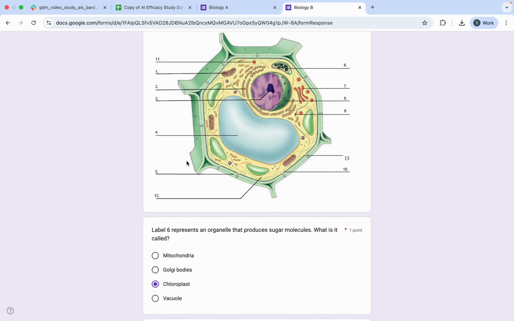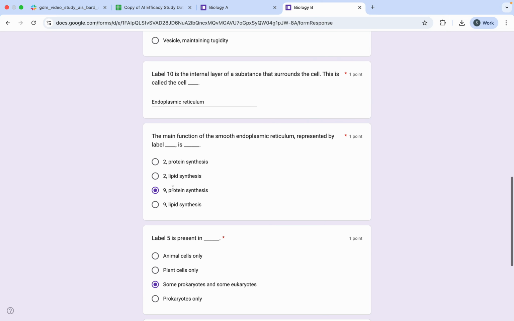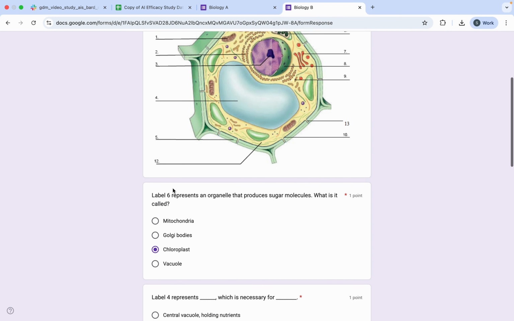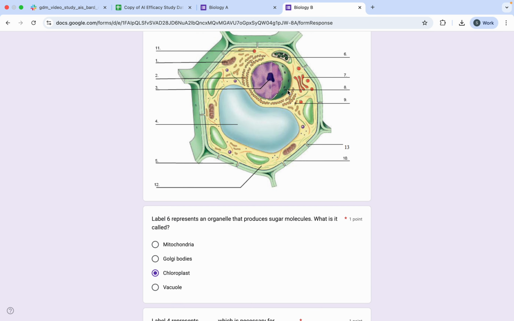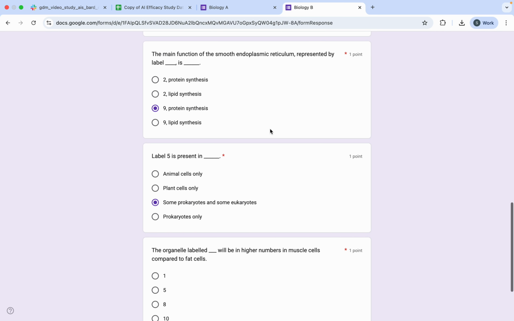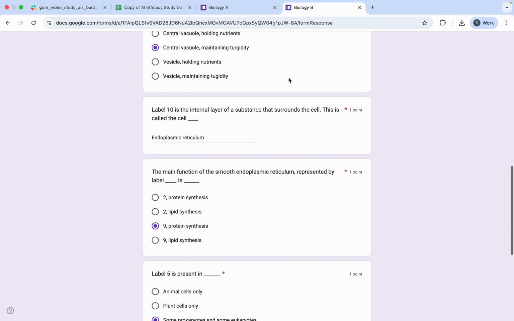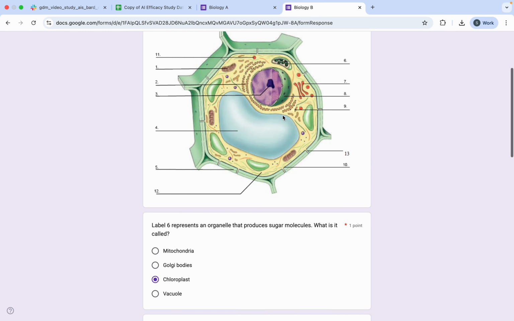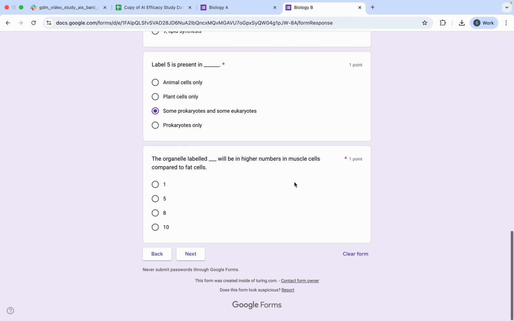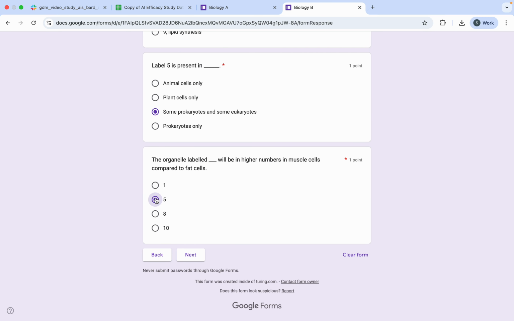Then it is 8. 8 is this, I think it is a nuclear envelope. And 10 is this. So we'll go with number 5. Okay, let's check it.